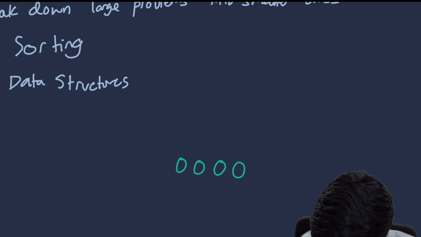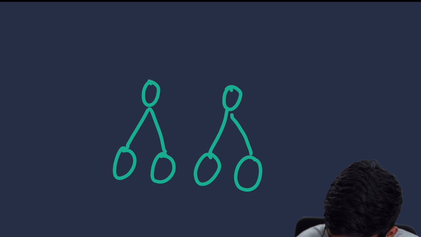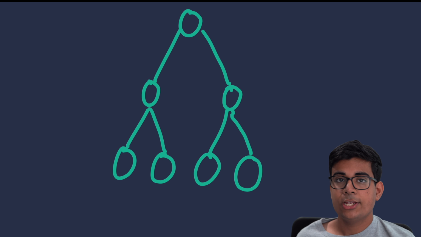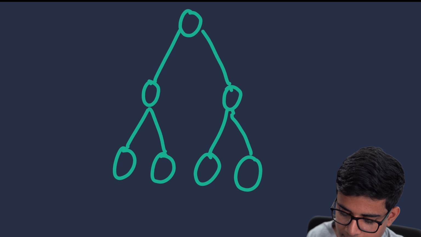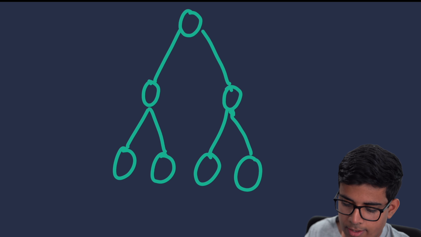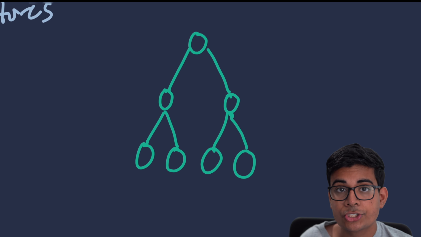I'm just going to draw it out. This is what is known as a tree. You don't have to know this for quite a while. It's a data structure where you have one item which leads into many other items. And what you'll notice here is that this is recursively defined.